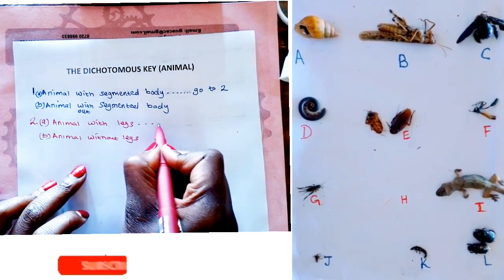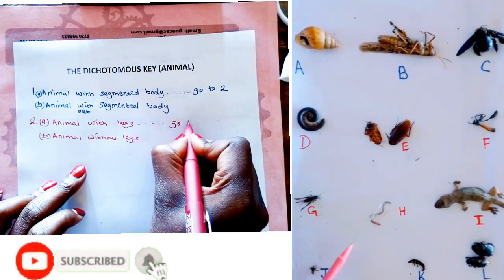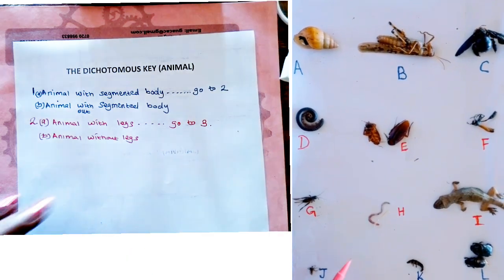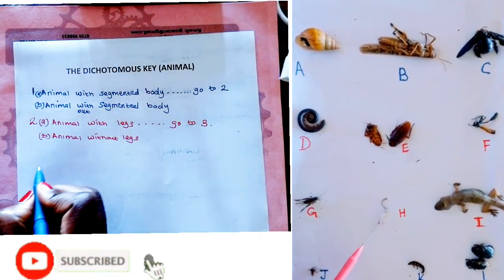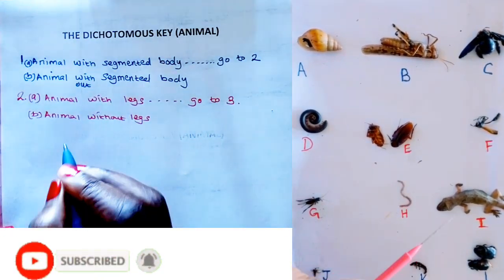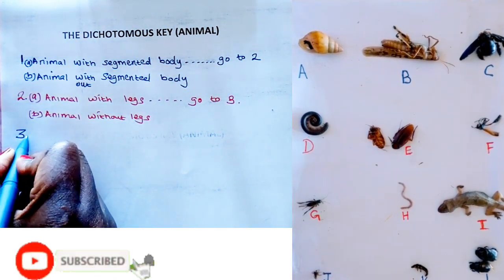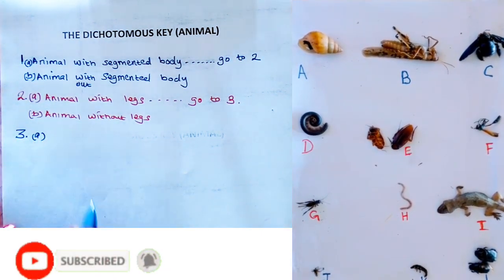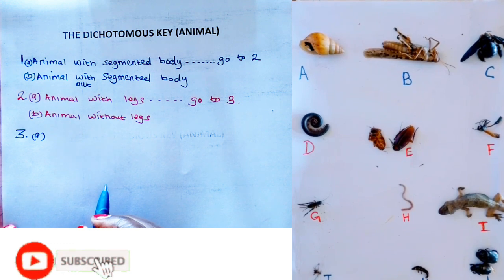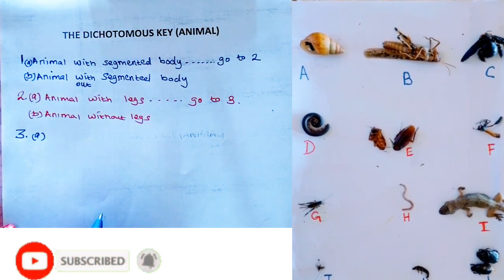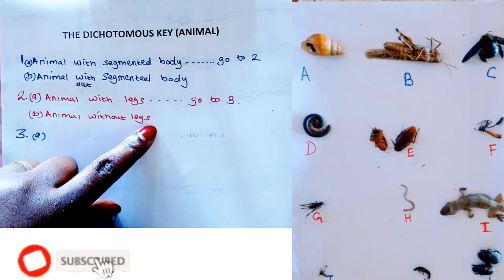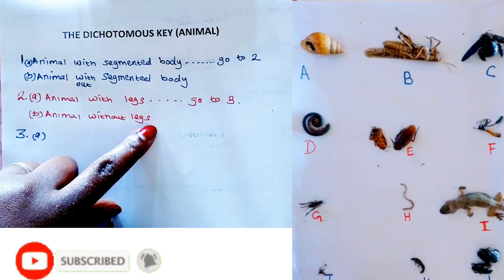So we go to 3, part A. Animals with legs, we know there are many. Animals without legs, we know there are 2. There are 2?